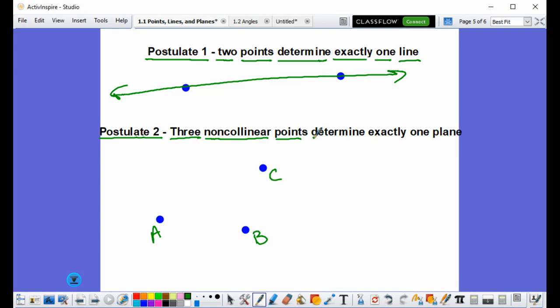So once again, we have a lot of the same words, determine, exactly one, and instead of line, it's plane. So 3 points make a plane.